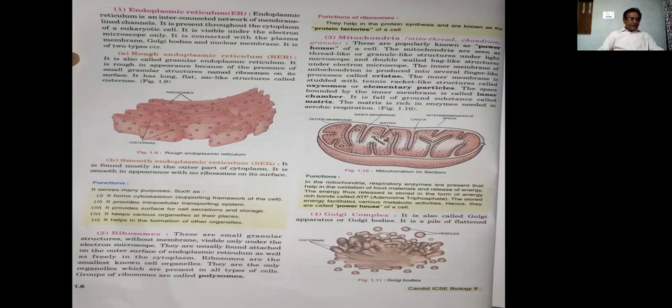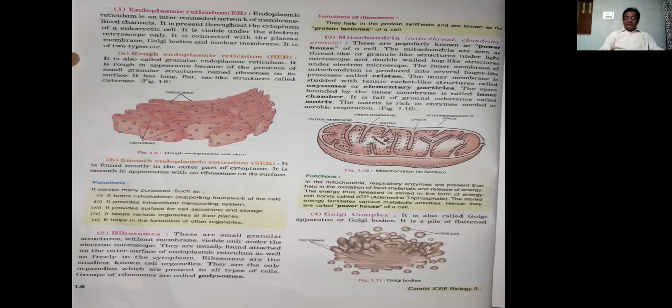A very primitive type of nuclear material is found in the bacterial cell, and it comes under the prokaryotic cell. But we are here discussing the true cell, the eukaryotic cell, which possesses a distinct nucleus surrounded by the nuclear membrane.